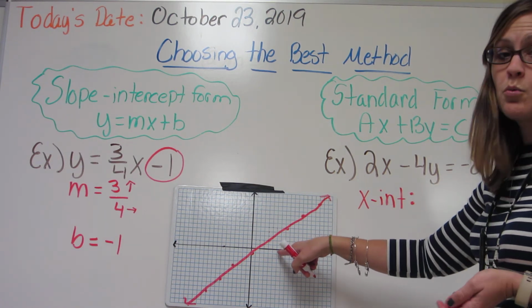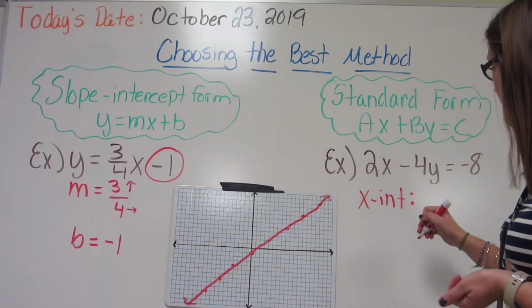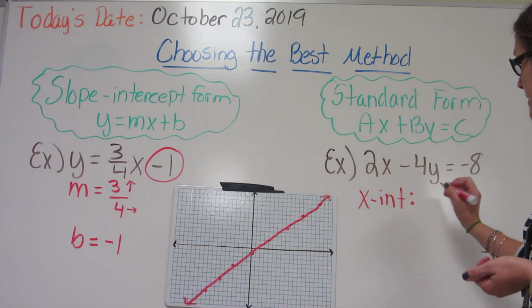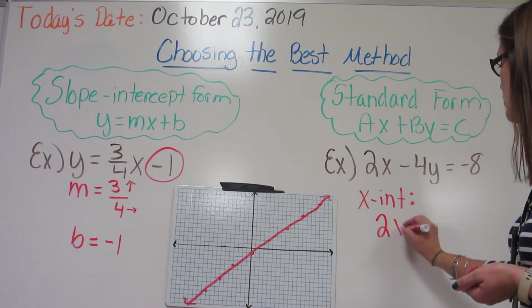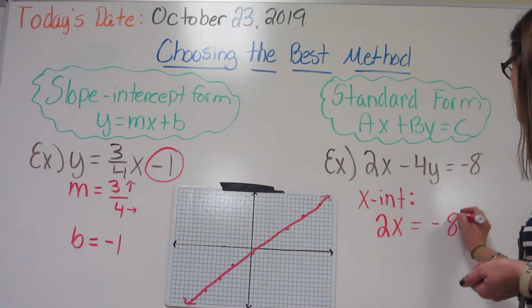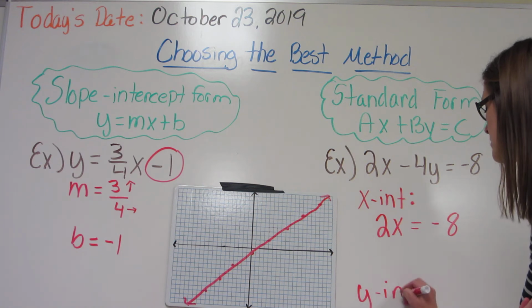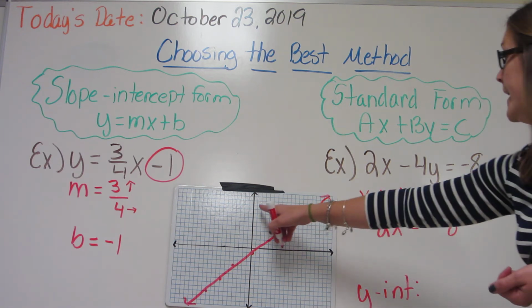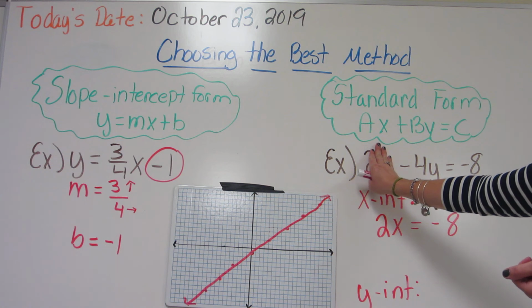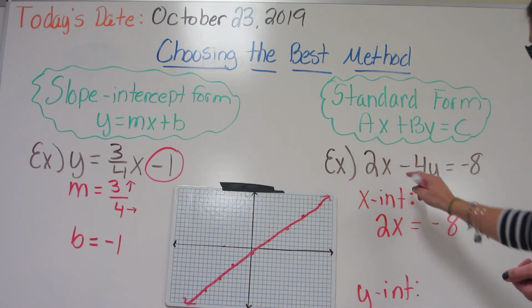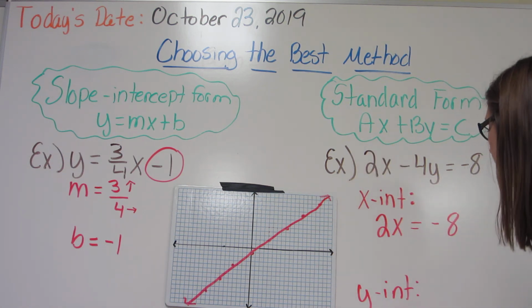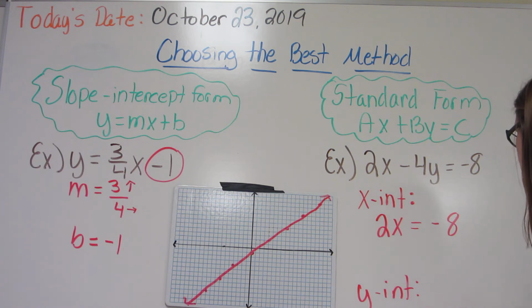To find your x-intercept, that is where it touches your x-axis, so your y is 0. So you get to ignore that y term. So you do 2x equals -8. And for your y-intercept, that's when your x is 0, so you get to ignore that x term. If I cover that up, I still have a -4y. So I have -4y equals -8.